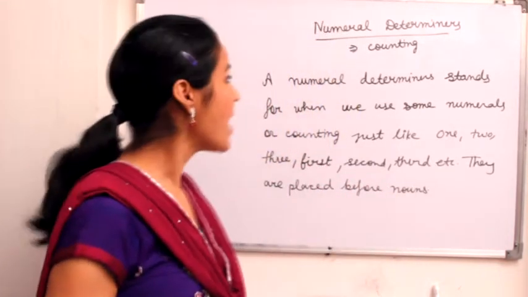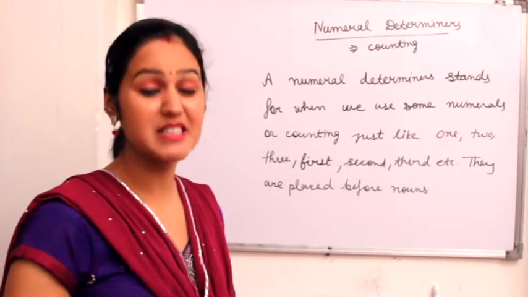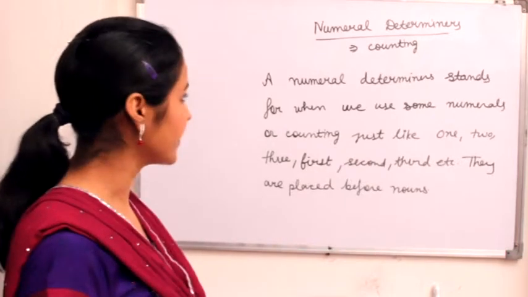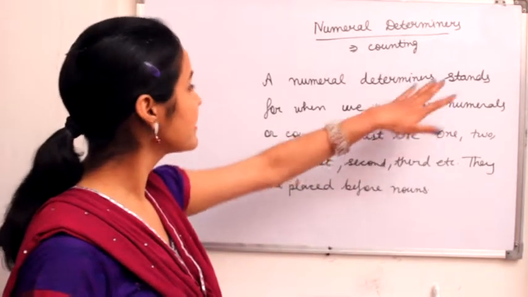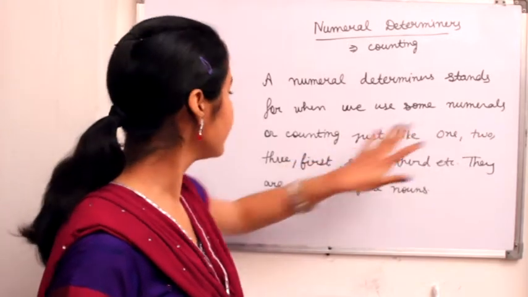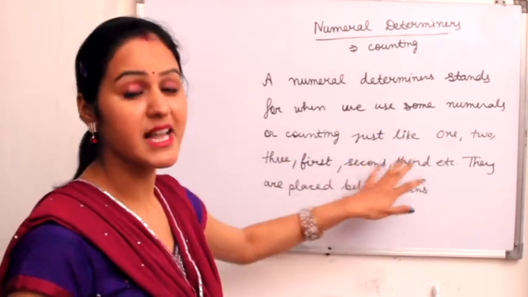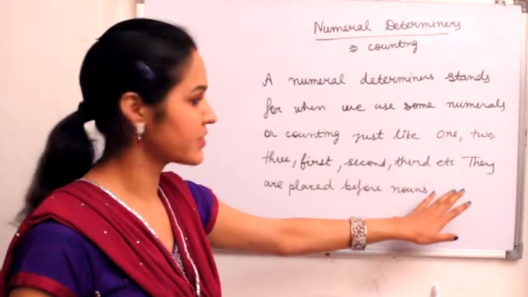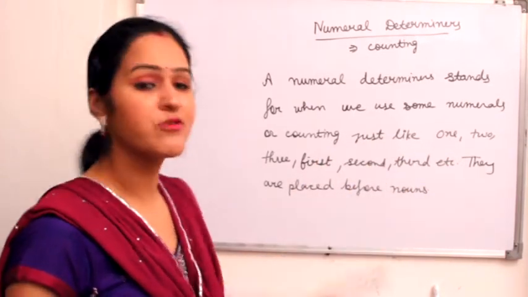So this is about numeral determiners that stand for some kind of counting. So first I write here, a numeral determiner stands for when we use some numerals or counting, just like 1, 2, 3, first, second, third, etc. They are placed before a noun.